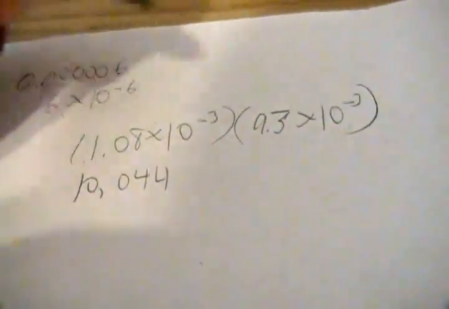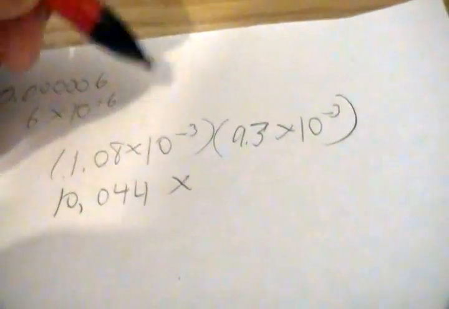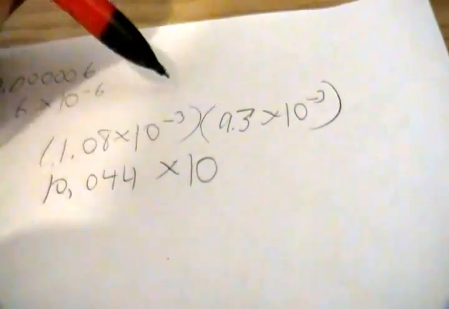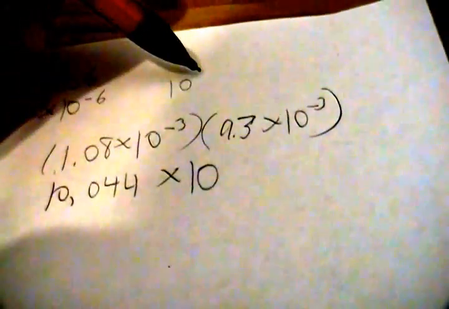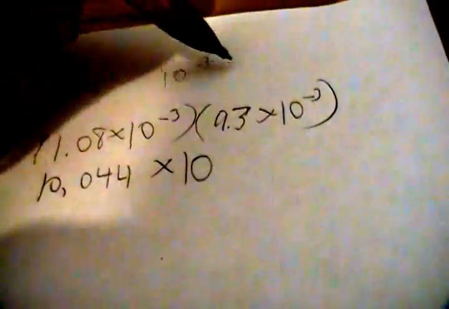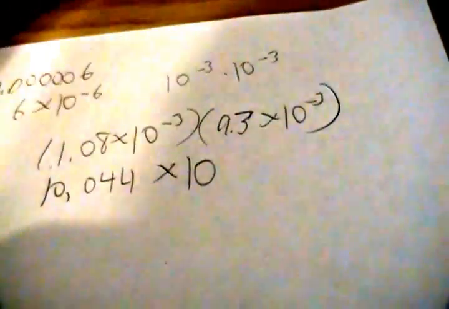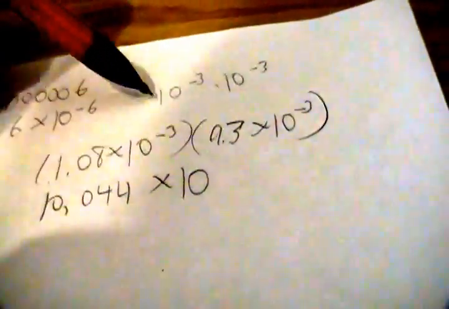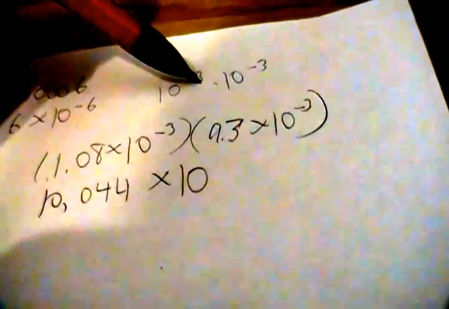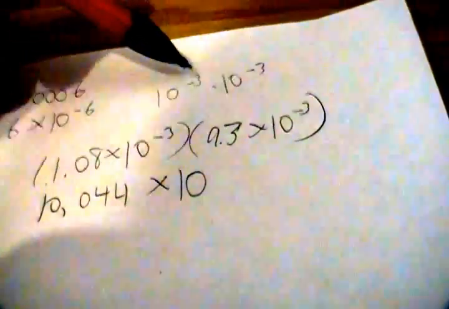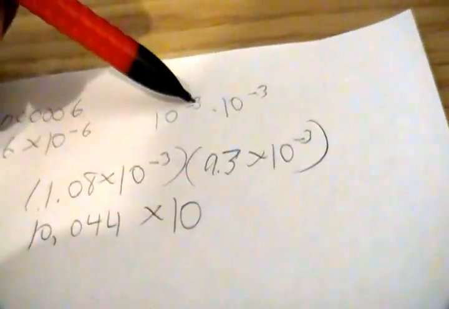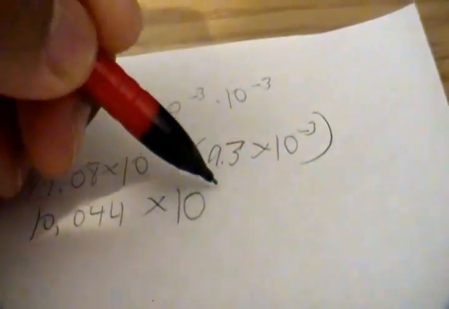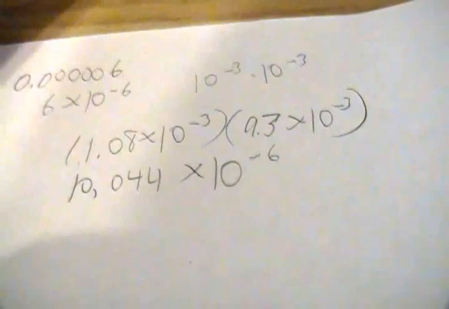Then let's multiply the powers of 10. We're multiplying 10 to the negative 3 times 10 to the negative 3. If you have two bases that are the same, with the exponents you just add or subtract them. In this case, it's negative 3 minus 3, so negative 3 minus 3 is negative 6.